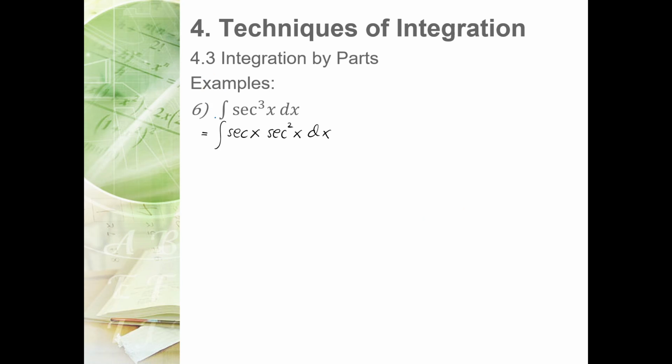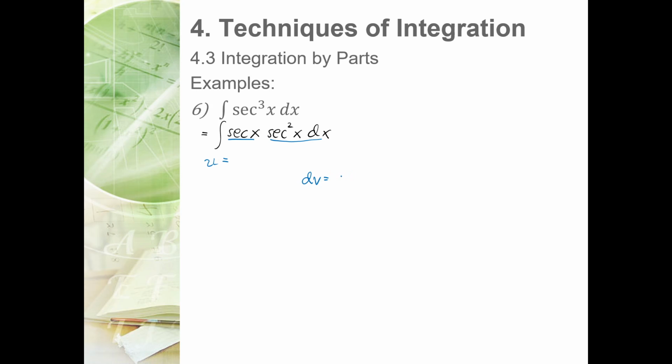Okay, so you want your u to be something, and your dv as something also. Observing the two terms, what's best for dv and what's best for the u parameter? Looking at secant, I think it's difficult to integrate secant because we don't have a direct formula for it. It still takes a long process to determine the integral of secant.